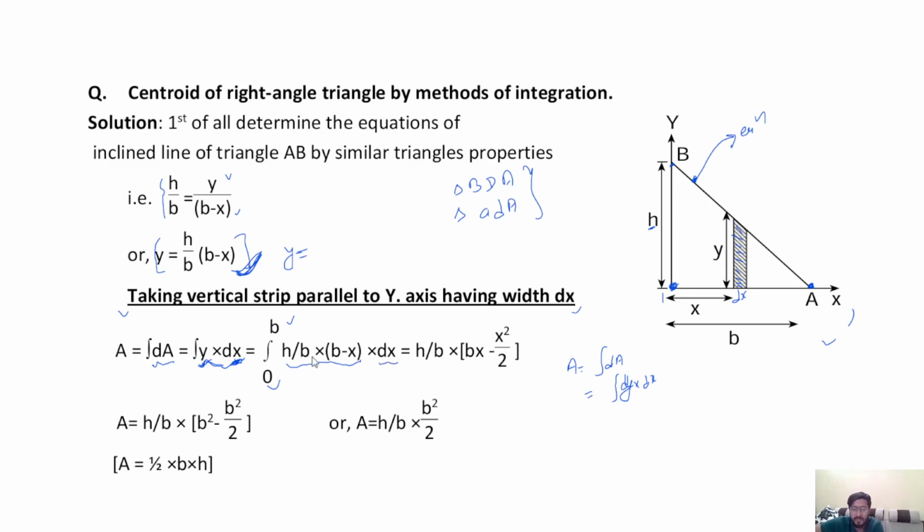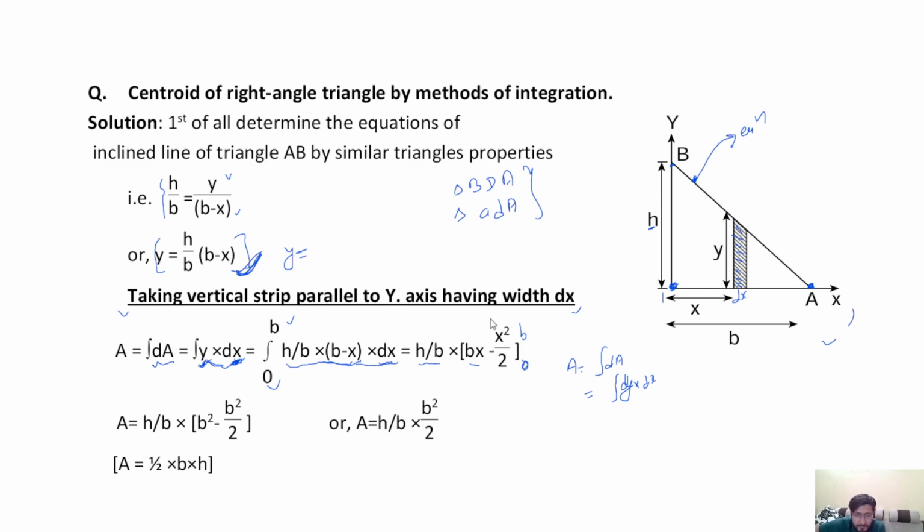From this, h by b is taken outside of the integral, and the inner term is integrated by dx, that gives bx minus x square by 2, with limits 0 to b.